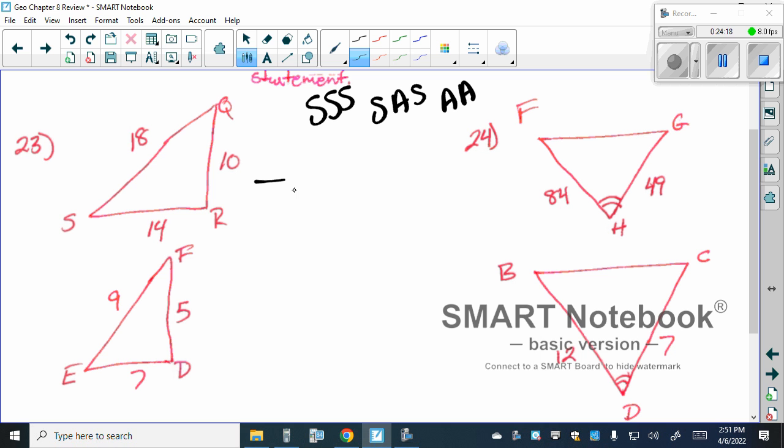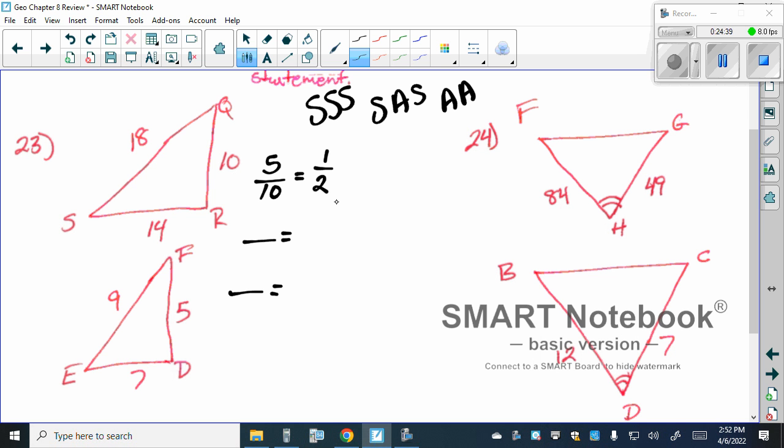What we need to do is show that the 3 sets of sides are proportional. So give me a side length from one of the triangles. 5, and then its corresponding side is 10. And 5 over 10 reduces to 1 over 2.